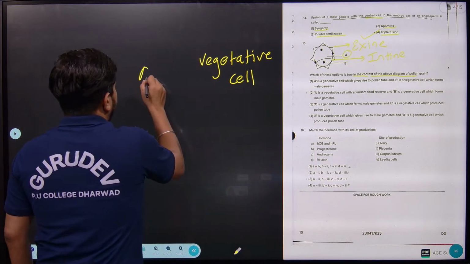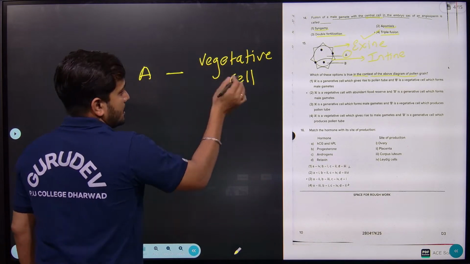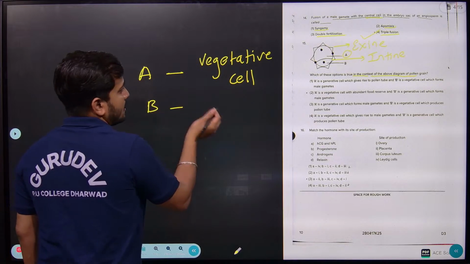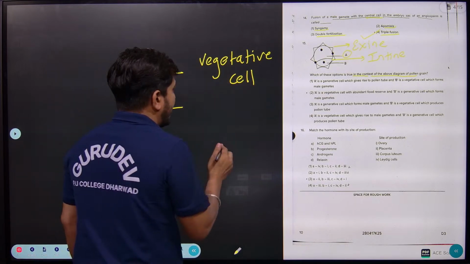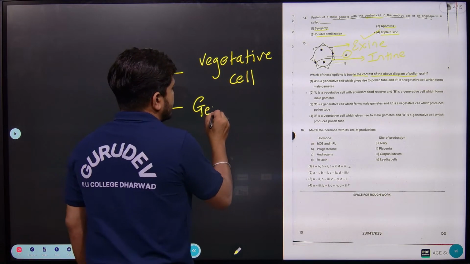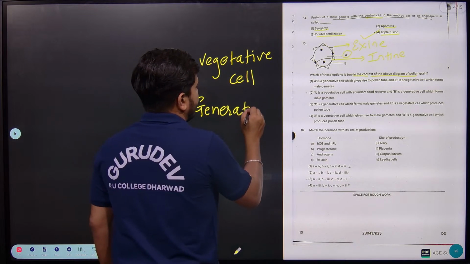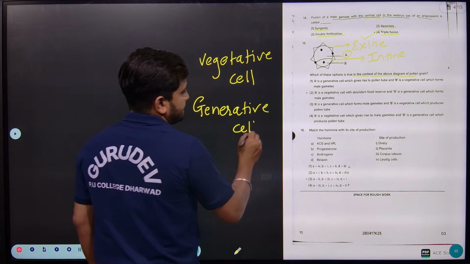With respect to A, it is a vegetative cell. Then B is a small cell having the male gametes, and that we call the generative cell, right?